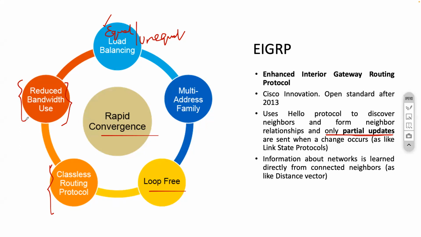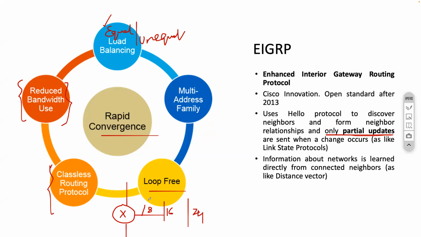Classless routing protocol. What does that mean? When we run EIGRP on our router, we configure network statements under router EIGRP. It's not necessary that the interface has a /8, /16, or /24 IP address.